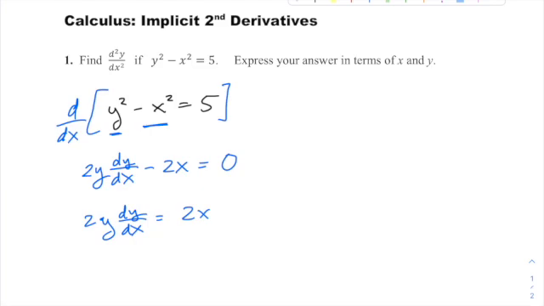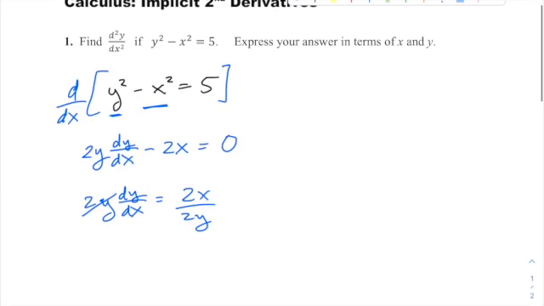And a lot of this could be done in your head if you're comfortable. Always nice also, this is a perfect example of 2x divided by 2y. Reduce if you can, right? Cancel those 2's. Not that you have to, not that it's going to affect your derivative, but sometimes it might make your work easier if you're working with the simplest form.